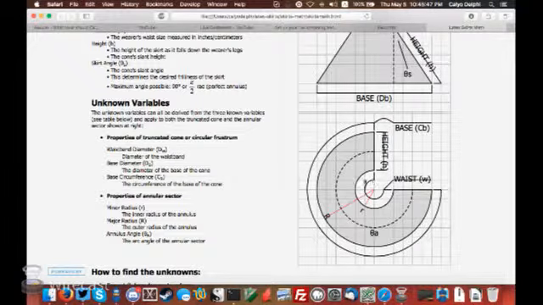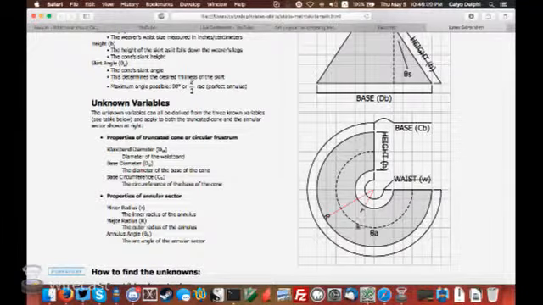A circle with another circle cut out of the middle of it is called an annulus in geometry. And any piece of a circle that's not a complete circle is what's called a sector. It doesn't matter whether it's more or less than 180 degrees, what you've got is a sector.